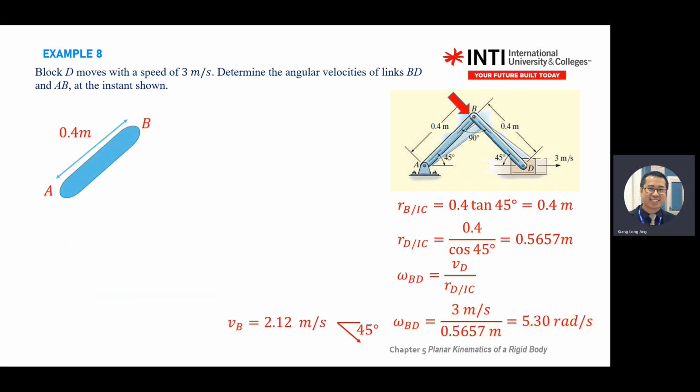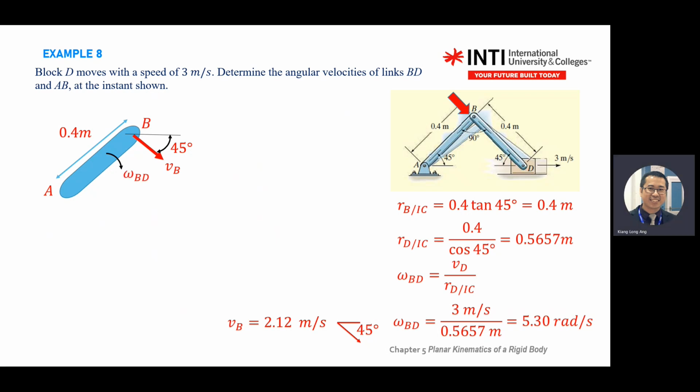Link AB, you know the velocity of VB just now. So B is in a circular form, so it's tangent, 90 degrees. Right? So there's a 45 that you find just now. Even though you draw a diagram with this one, you get 45. Okay, so same.